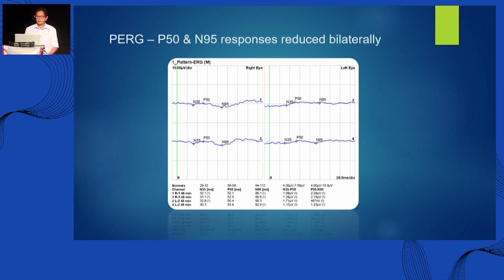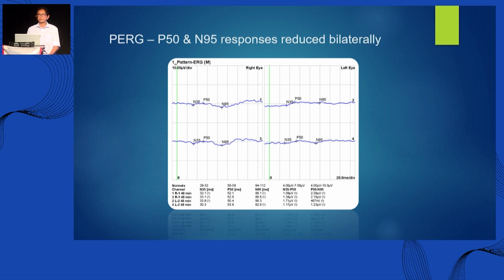Now, this is a complicated thing, because if the N95 has been reduced for a long time, the P50 becomes abnormal with time as well. So only in very early optic nerve dysfunction does the N95 become abnormal while the P50 is still normal. In this patient, N95 was reduced, and the P50 subsequently became reduced as well.